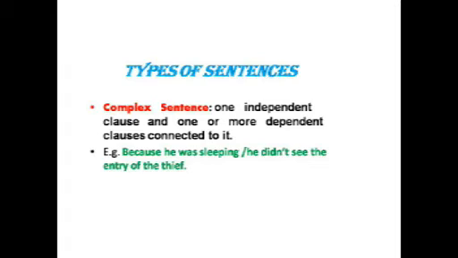He didn't see the entry of the thief is the main clause, whereas because he was sleeping is incomplete. It is a dependent clause, or also the subordinate clause. So we have got a subordinate clause and also one main clause. So it is a complex sentence.